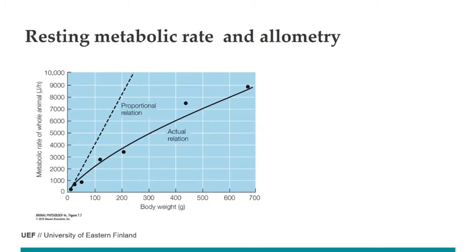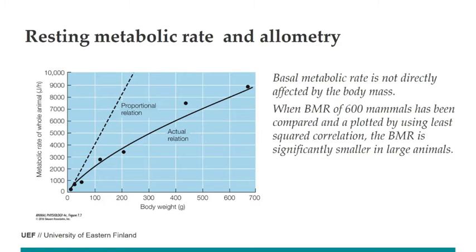This can be tested using the resting metabolic rate compared across different sizes of animals. The basal metabolic rate is not directly proportional to body mass. When 600 different mammals are compared and plotted using least squares correlation to minimize the distance between each dot and the line, you can see that the basal metabolic rate is significantly smaller in larger animals.